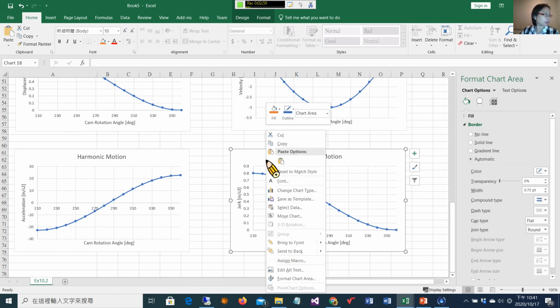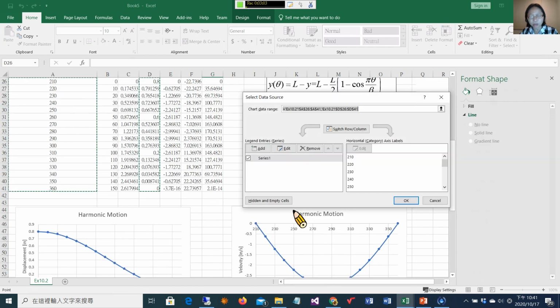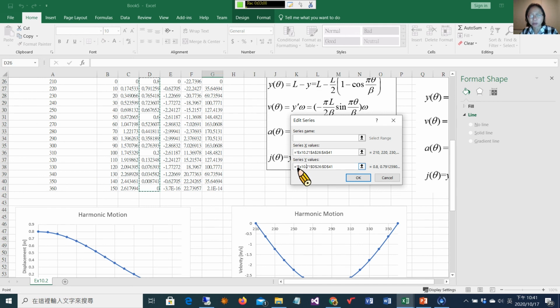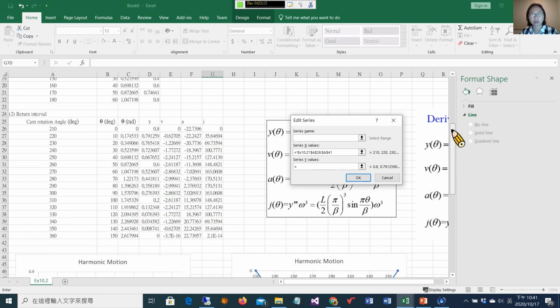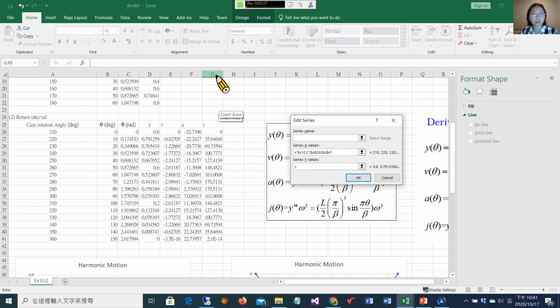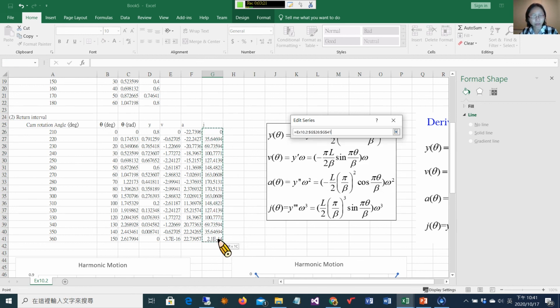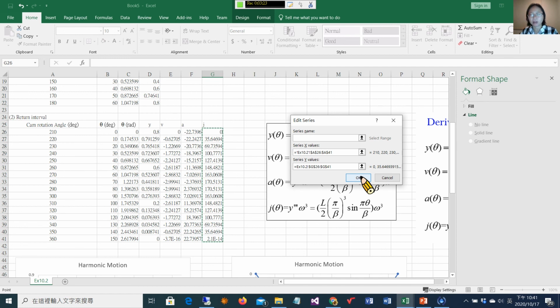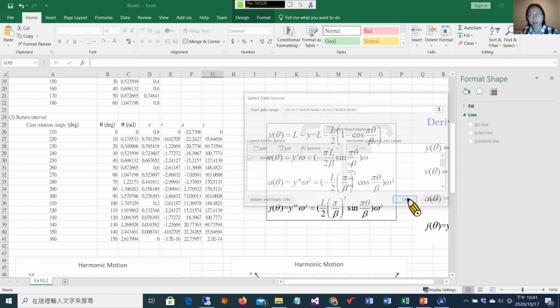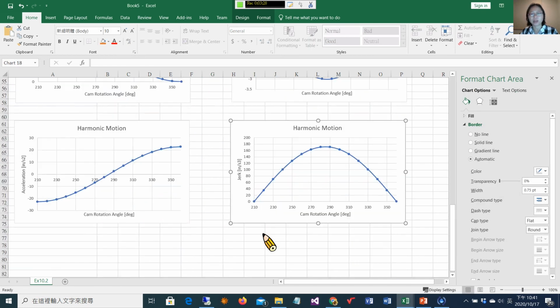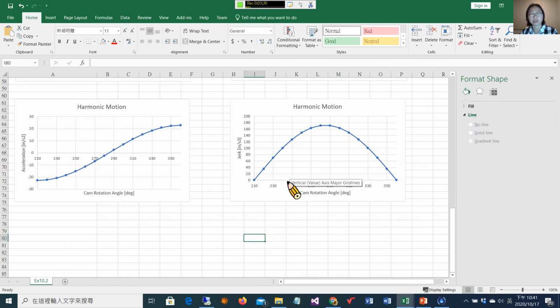We click right mouse button and select data to edit this. So we change Y value from G26 to G41. Press OK and OK. Now we get the jerk diagram.